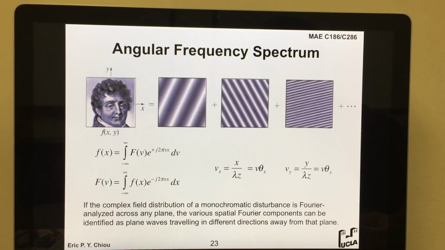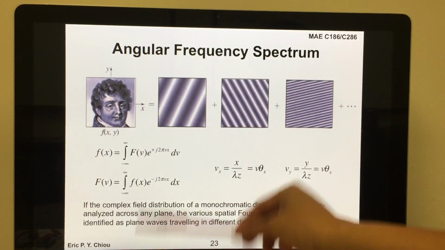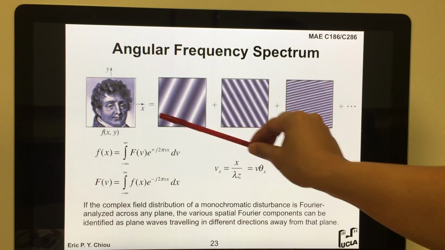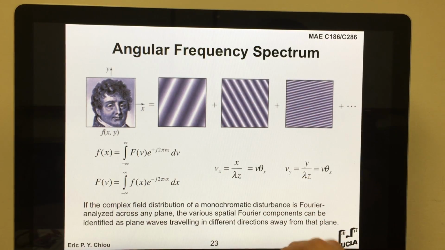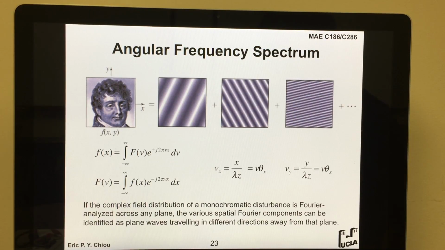The idea is that any image you have on a 2D plane can be thought of as a superposition of patterns with different spatial frequencies, and you can think of it as a superposition of different plane waves on that plane.